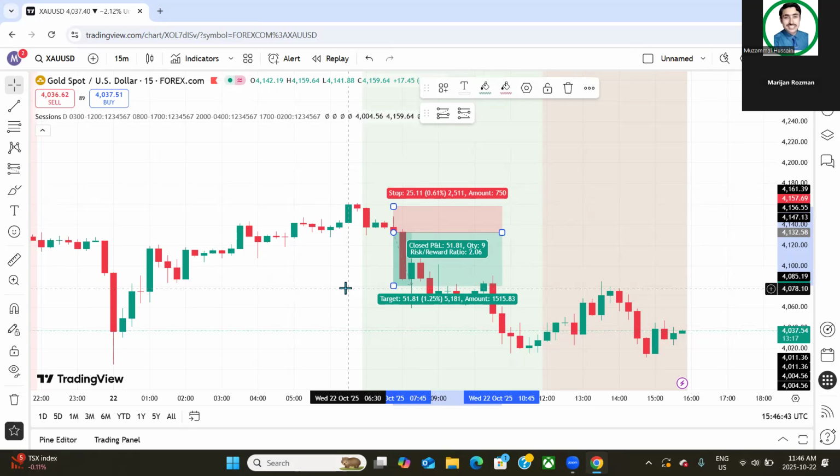2.023 is fine. Okay. So now we calculate our lot size. We got 20 divided by 251. 251 divided by 10 equals 0.007. So our lot size is 0.007.